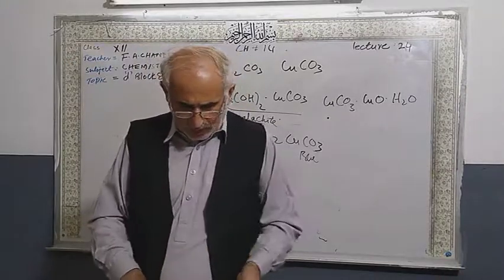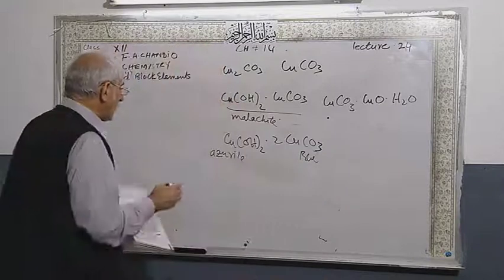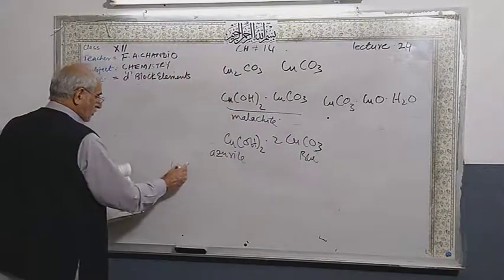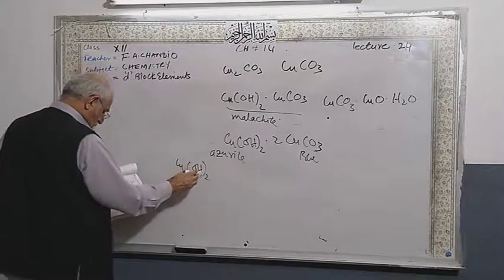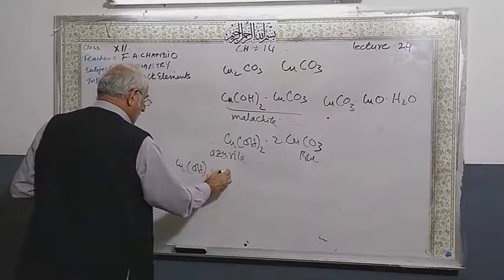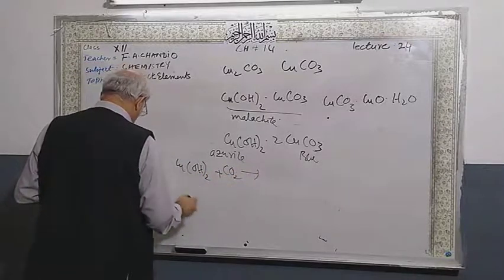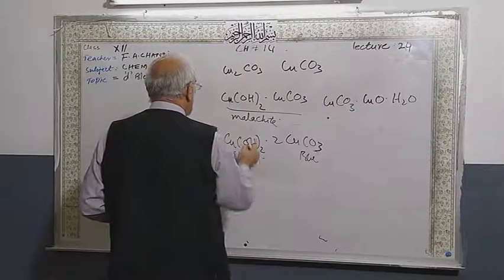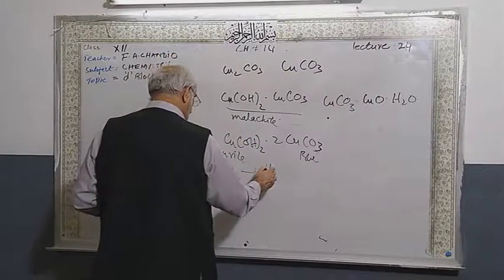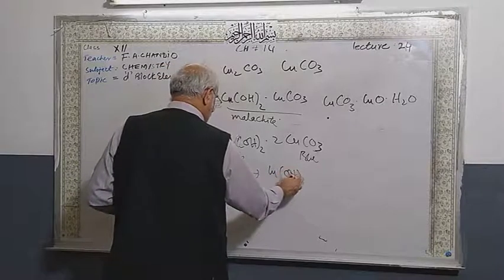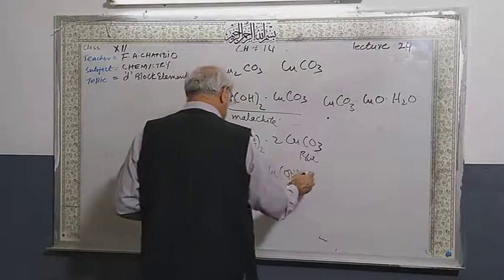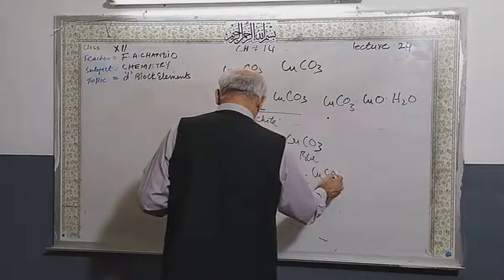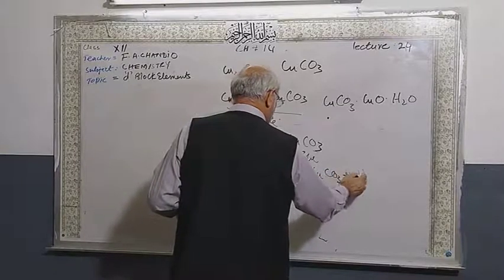So this is the preparation of copper hydroxide. Copper hydroxide plus carbon dioxide gas is going to be passed. So you will get the malachite, copper hydroxide dot copper carbonate plus water.